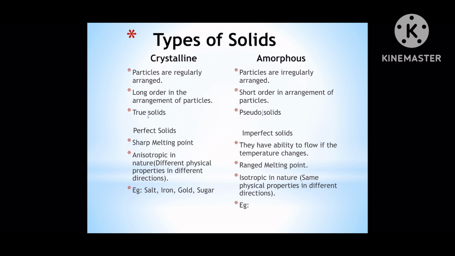Now the next slide: we have to understand the crystal lattice and unit cell. What is crystal lattice and what is unit cell? As we know, all solids are made up of constituent particles, and the constituent particles are atoms, molecules, and ions.